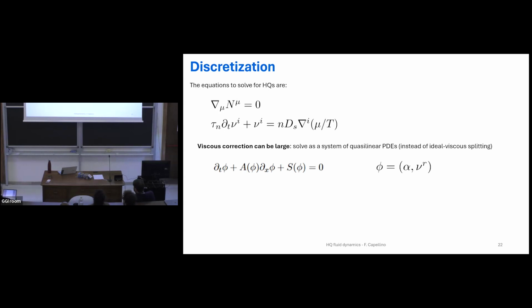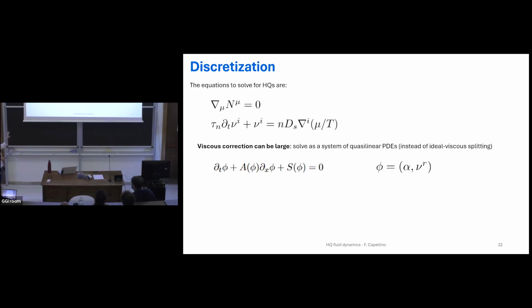And in particular, sometimes the method that is used is to basically split the equilibrium contribution, here the one from the equilibrium density, from the dissipative corrections. But we didn't want to do this because in principle, these dissipative corrections can be hard. And so we want to treat them all together as a system of partial differential equations.